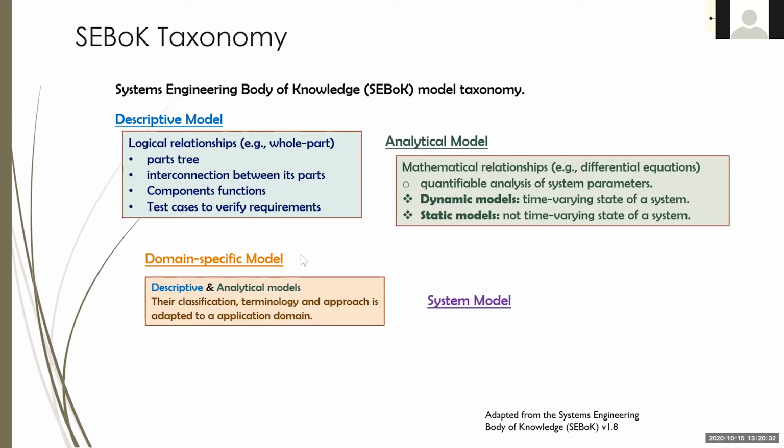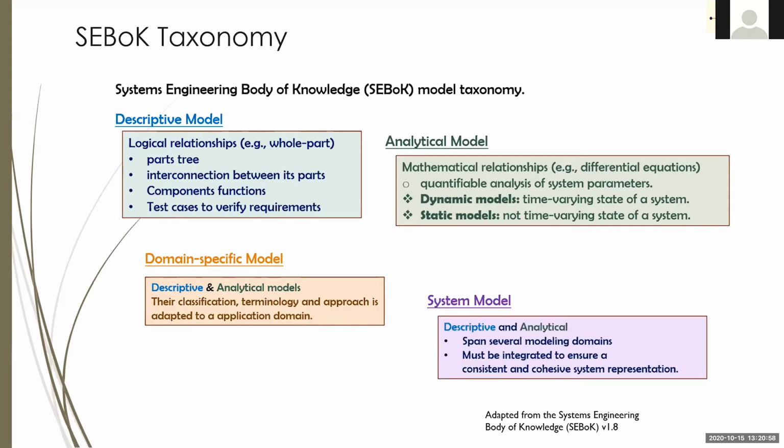Now they say that we also have domain specific models, and they can be, again, descriptive or analytical. And each one of us in our own engineering field knows some of those models. Those descriptive or analytical models change based on the application domain that we are working on.